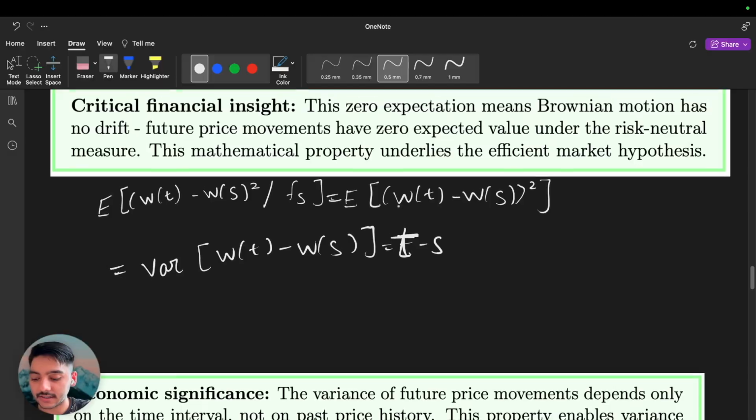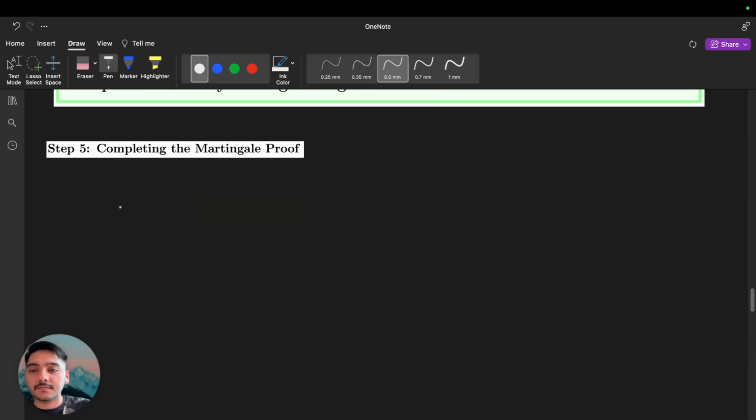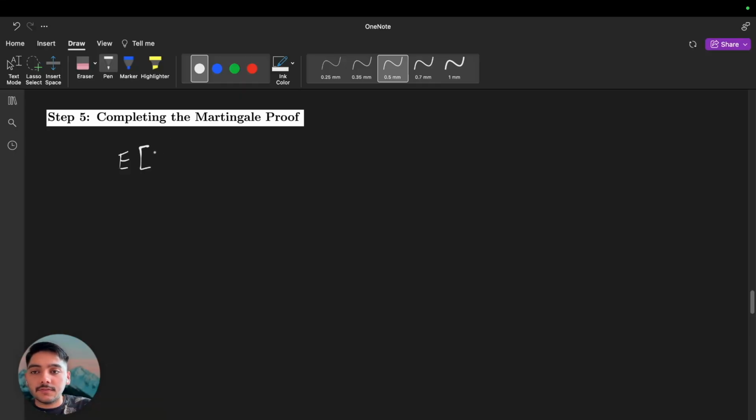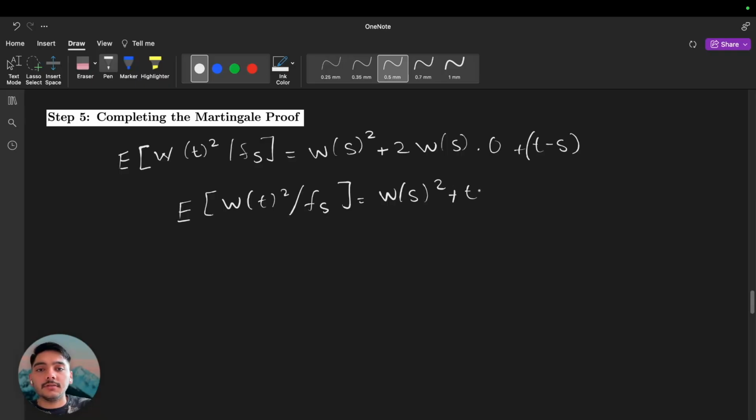The second term becomes 0, the first term becomes Ws², and the third is t − s. So the expectation of Wt² given Fs is equal to Ws² plus 2Ws times 0 plus (t − s), which is Ws² + t − s.